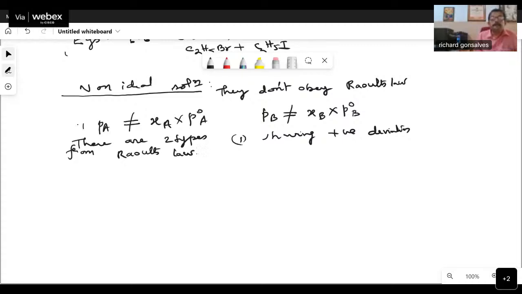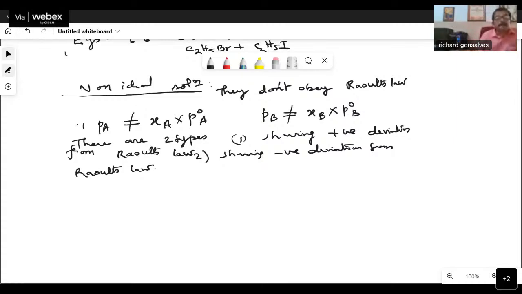Another one, the second one, showing negative deviation from Raoult's law. Therefore, there are two. One showing positive deviation from Raoult's law, another showing negative deviation from Raoult's law.